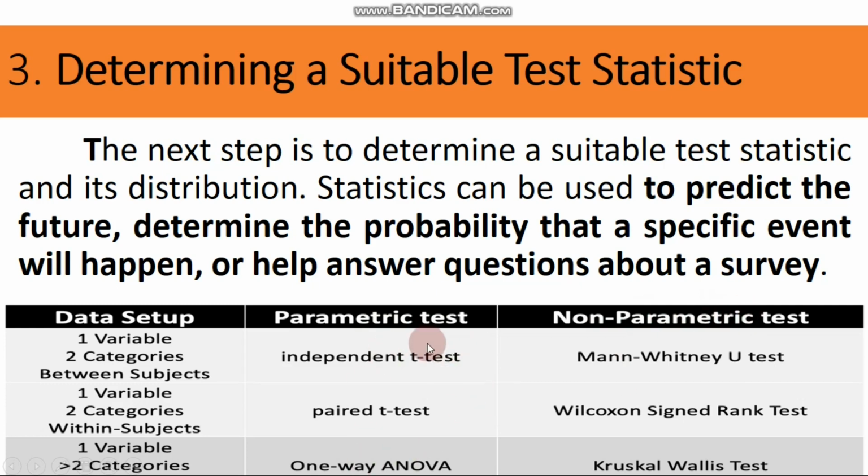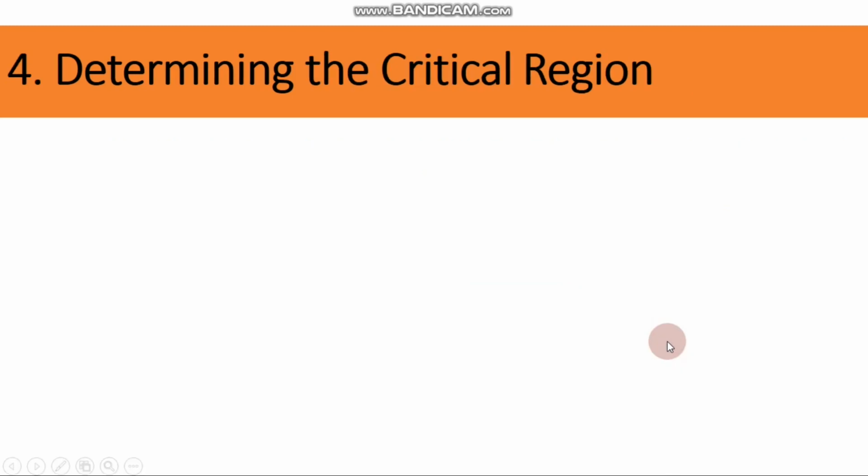So these are the tests used in parametric and these are the tests used in non-parametric. If the data is normally distributed, the researcher has to follow any one statistical tool based on the need of the data in the parametric test. If the data is not normally distributed, he has to take any one of the non-parametric tests.